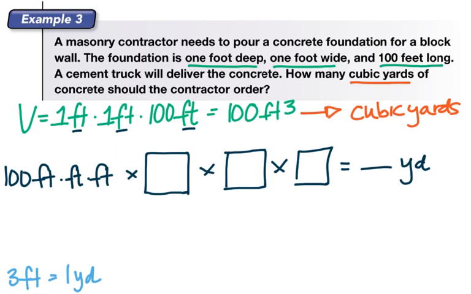Okay, so let's bring in our unit multipliers. I want to cross cancel my feet. So there's 3 feet and 1 yard. Let's make that a little bit prettier. 3 feet, 1 yard. 3 feet, 1 yard. 3 feet, 1 yard.